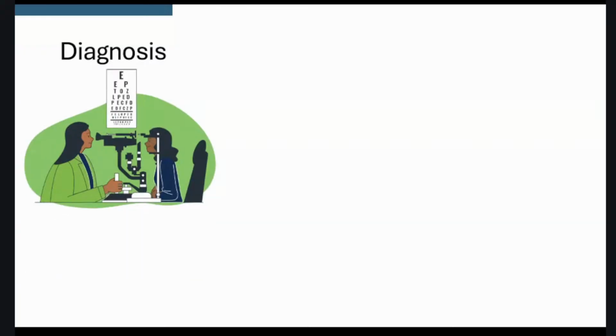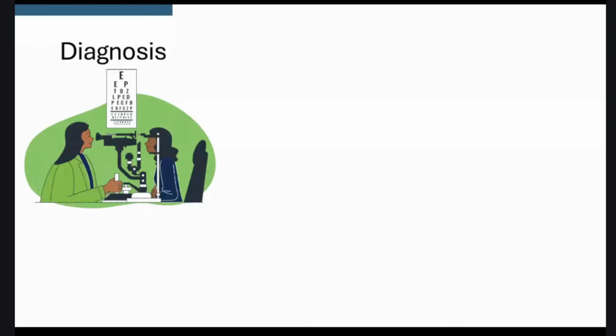And then we come to the diagnosis. So in order to manage diabetic macular edema, we first have to diagnose it. And the first thing is to get an assessment of the visual acuity. And for most patients, the first indication that they might have a DME is a drop in visual acuity.